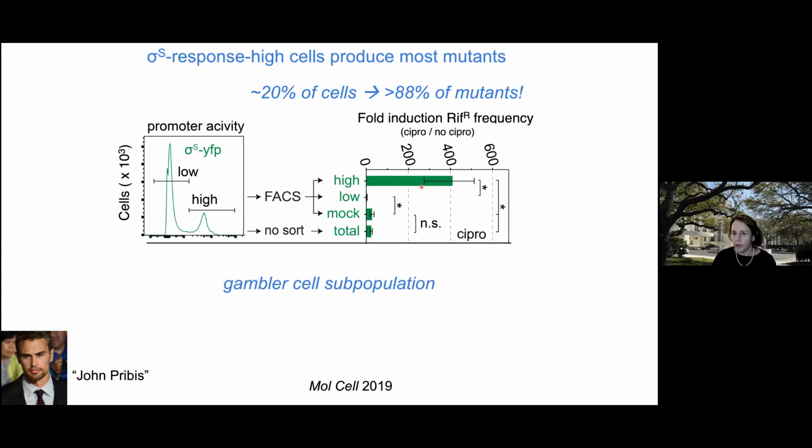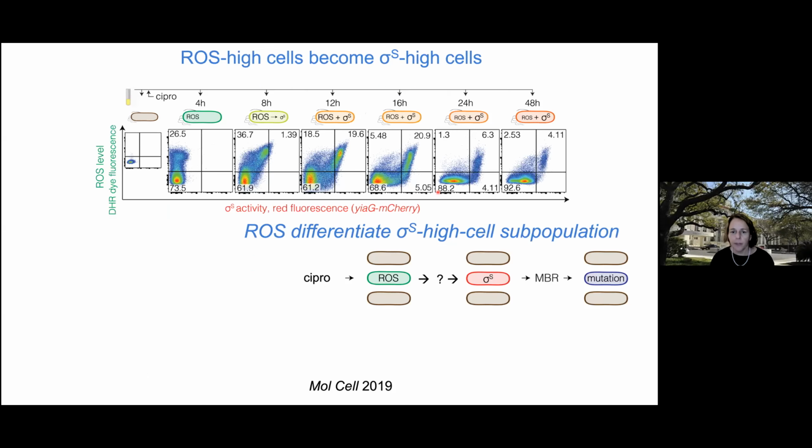They're a set of cells who are really turning up mutation rate. We know that they differentiate based on a sigma S response because we can sort them on that basis and find that that's where the mutants come from. And they're only mutable transiently. Once they get that mutation and they're no longer stressed, their mutation rate goes back down.